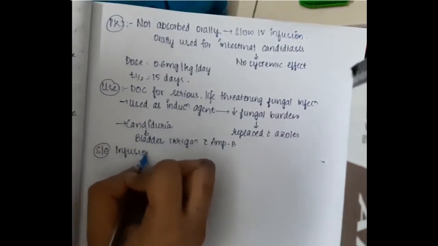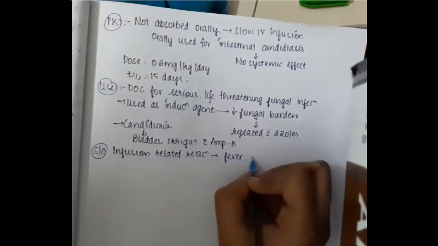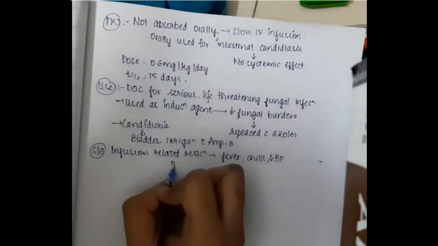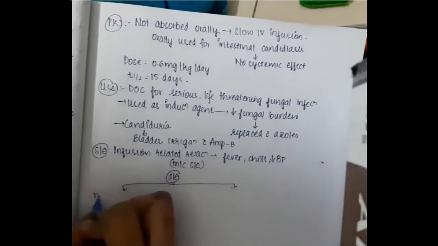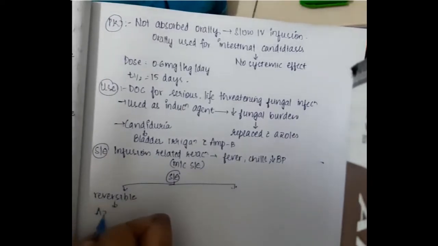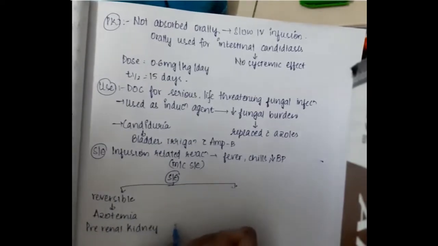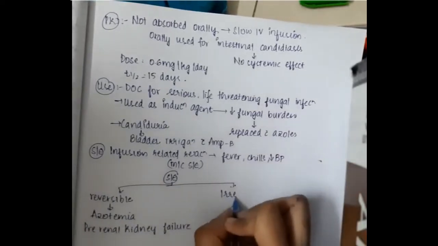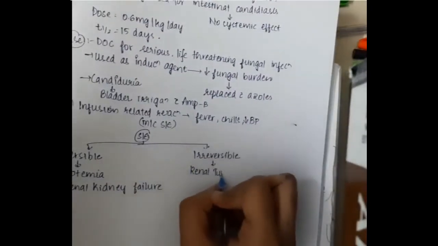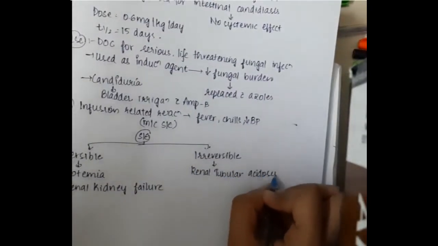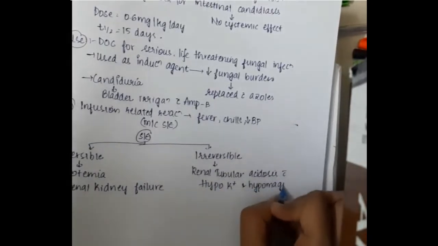The side effects of amphotericin B: it causes infusion related reactions like fever, chills and decreased BP, which are the most common side effects. There can be reversible and irreversible side effects. Reversible side effects include azotemia and pre-renal kidney failure, whereas irreversible side effects include renal tubular acidosis with hypokalemia and hypomagnesemia.